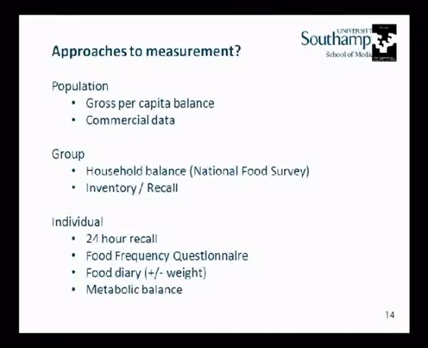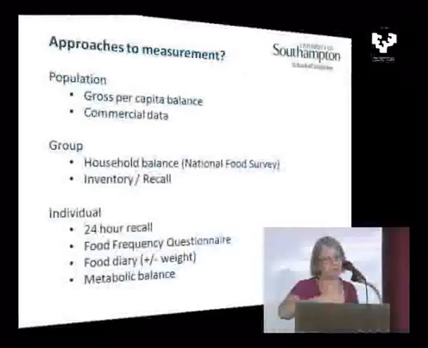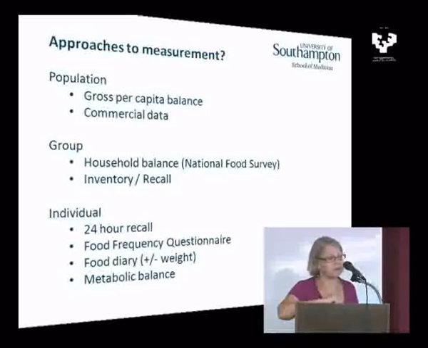You can look at commercial diets: every time you check out in a till at a supermarket, all that data is going into a database, they know what you're buying. You can analyze those data, look at shopping patterns, and get an estimate of availability of nutrients based on people's shopping patterns. Tesco in the UK do that all the time.